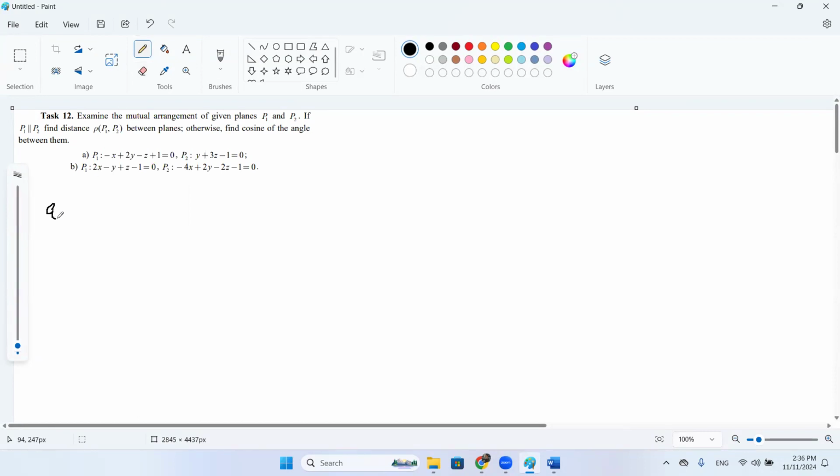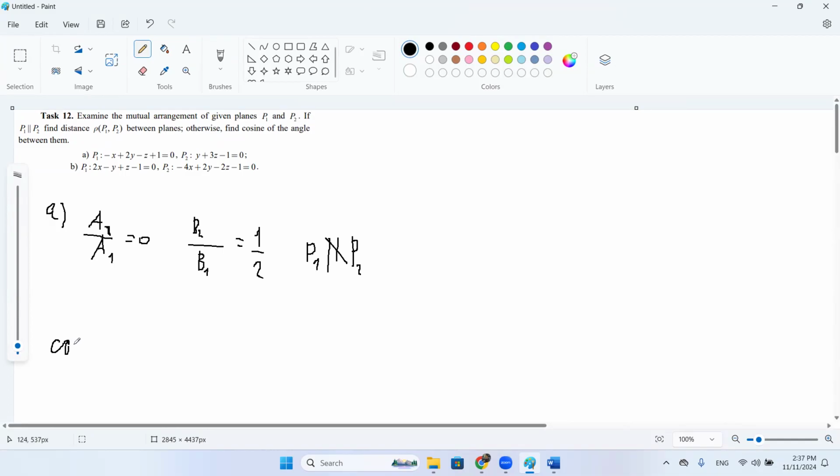So, okay, A2 by A1 equals 0, but B2 by B1 equals 1 second. So it means that P1 and P2 are not parallel. So we can find the cosine of the angle between them.